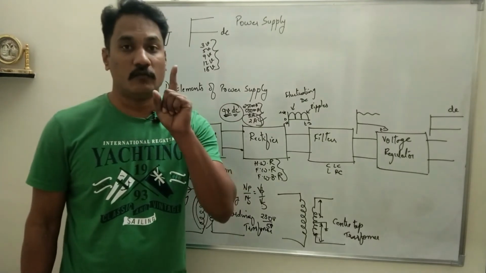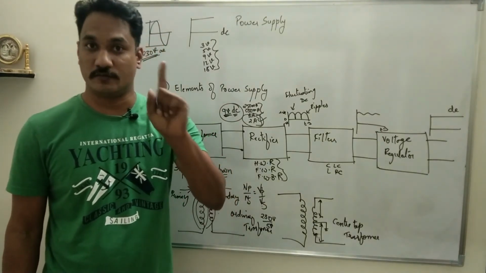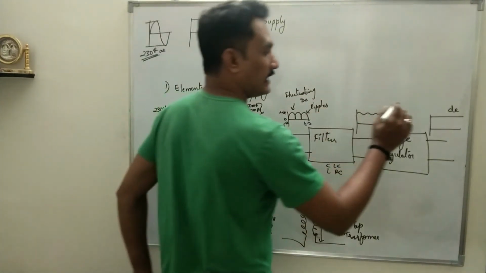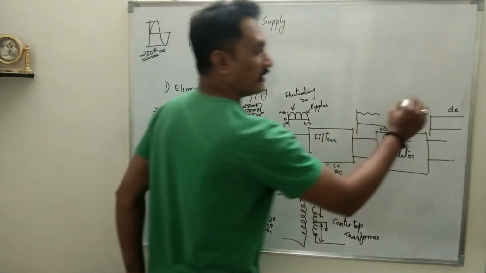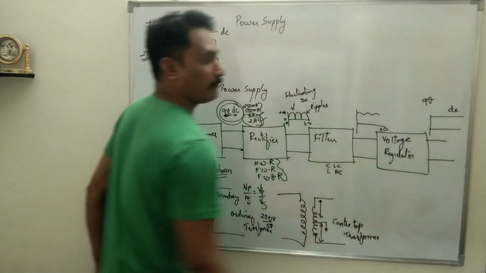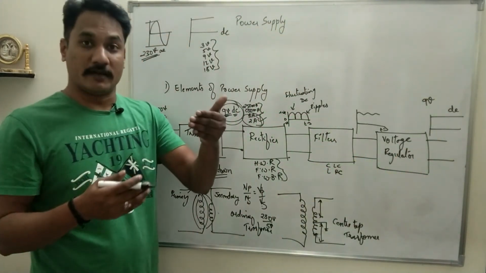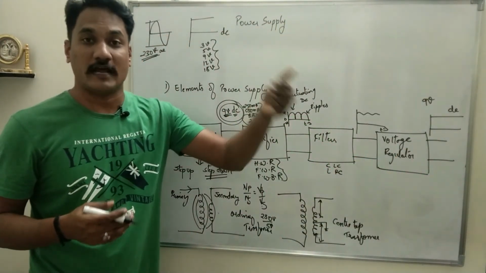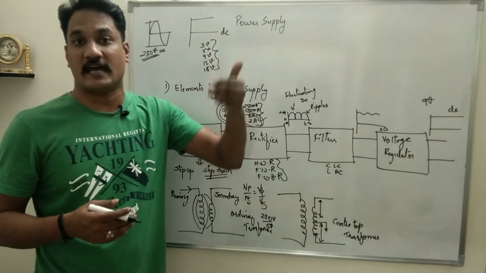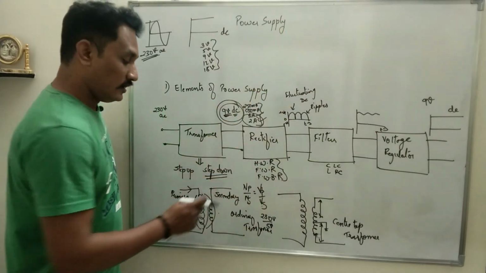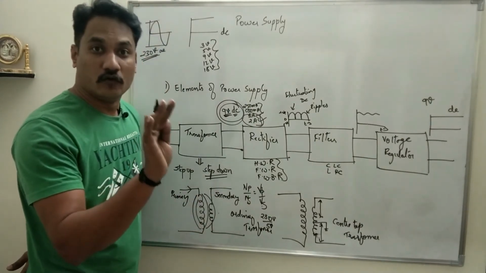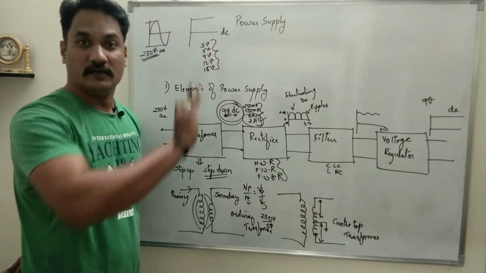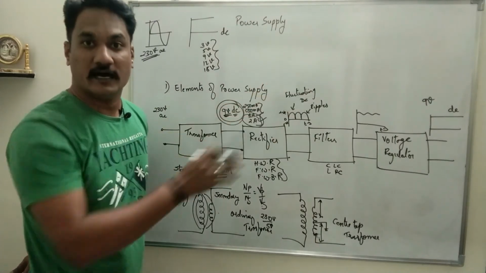There is a very important condition which has to be remembered. For example, as I said, suppose we are designing a 9-volt power supply. If you are designing a 9-volt power supply, that means this is the requirement. I want DC 9 volt at the output. If you need DC 9 volt at the output, the secondary voltage should be 3 volt more than the required value at the output.